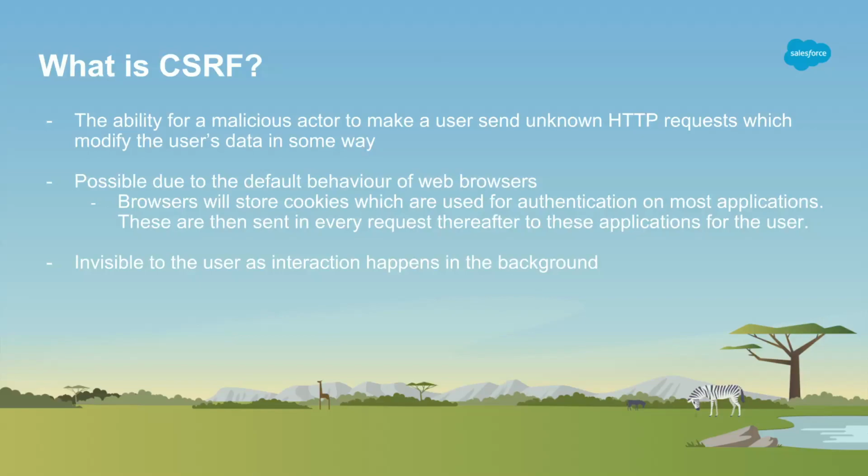I think the forgery part is maybe the part that can be confusing for people. It's understandable that you can make a cross-site request, that's fine. But the confusing part is how someone else can force you as a user to make a request without knowing. And a lot of that really goes into the browser itself.